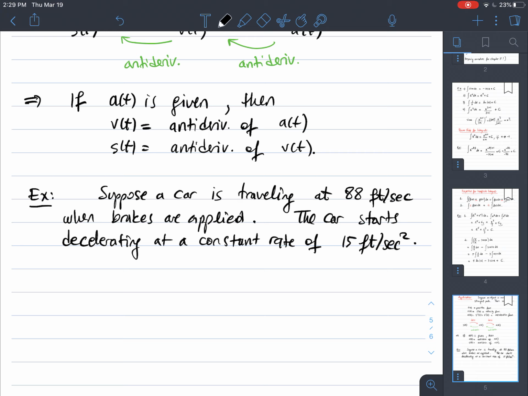Now the first question is, how many seconds elapse before the car stops?